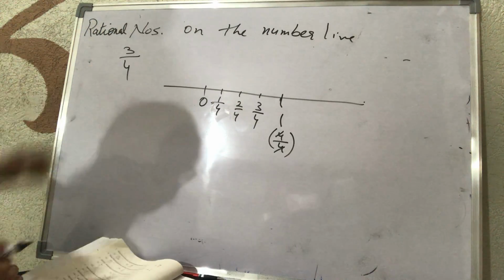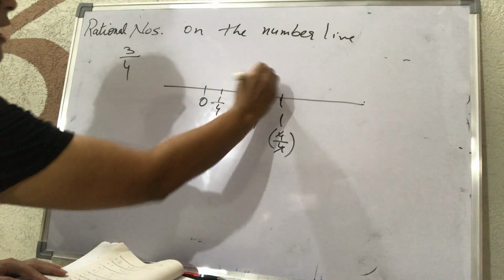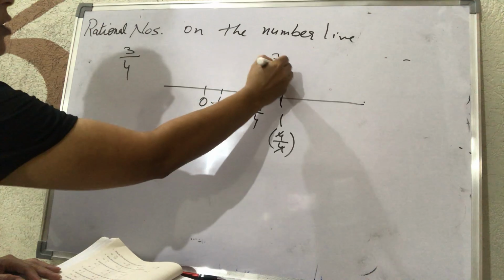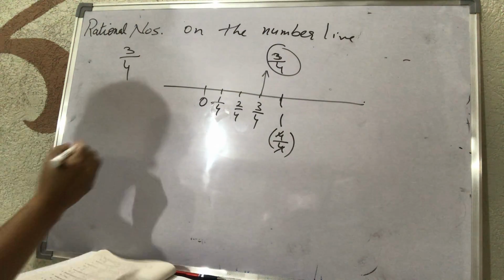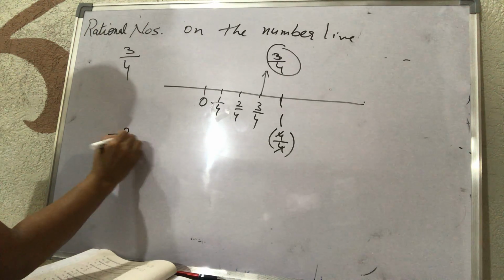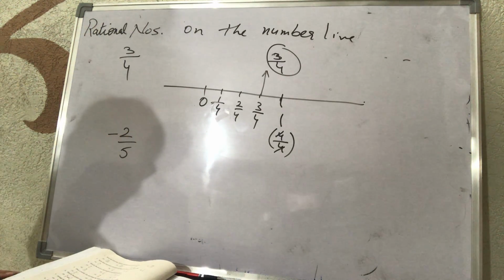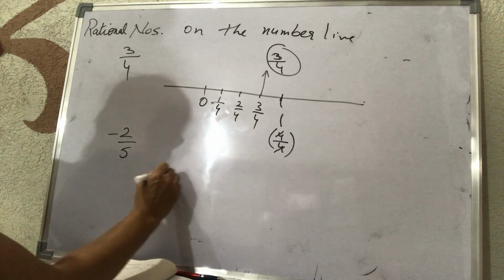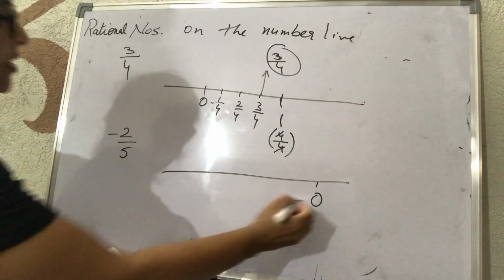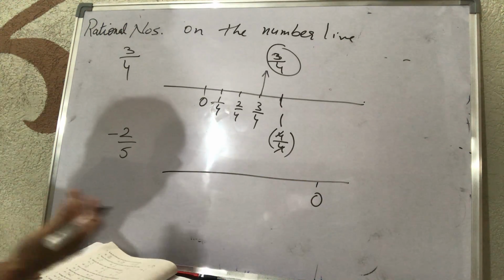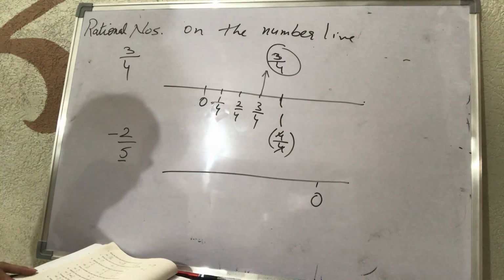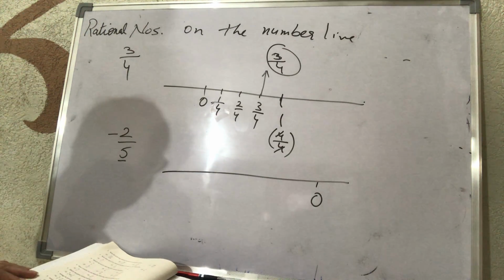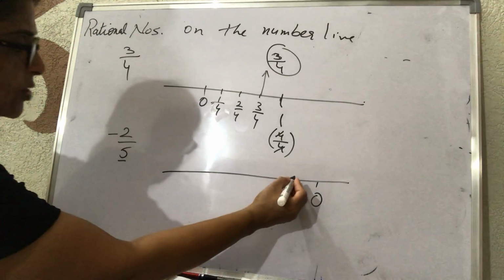Now we have to show 3 upon 4, so we will give an arrowhead, and this is called 3 upon 4, the rational number. Suppose now we have minus 2 upon 5. This is a negative rational number. So we will mark 0 like that, and we will go to the left of 0. The denominator is 5. We will make 5 equal parts between 0 and minus 1.